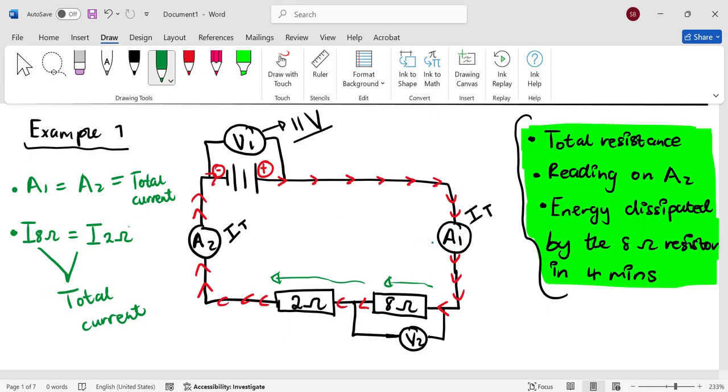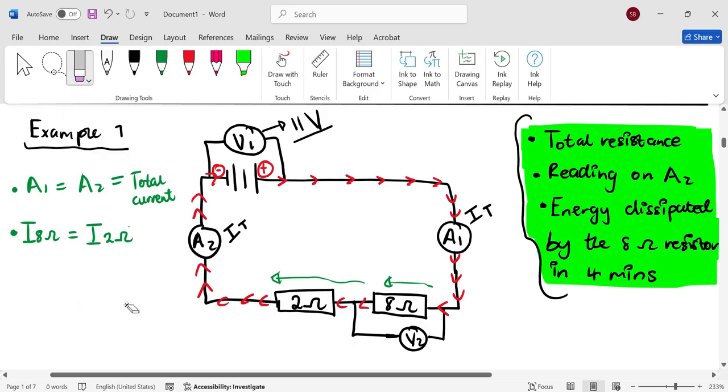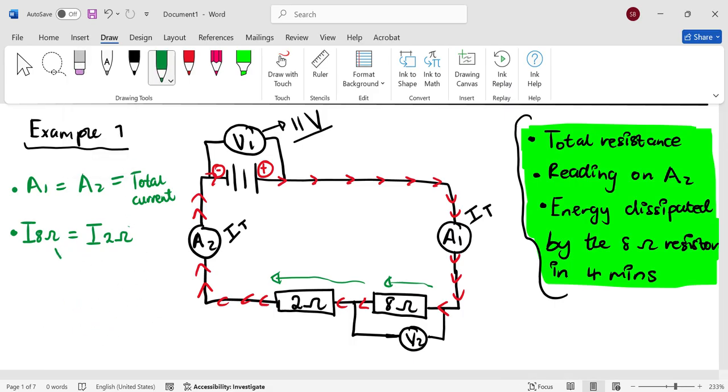Because the total current registered by A1 is the same current that flows through the 8 ohm resistor. And it's also the same current that flows through the 2 ohm resistor. And also the same through the A2 ammeter. I really hope you guys can see that. So these two guys basically measure the total current. So these two also measure the total current.